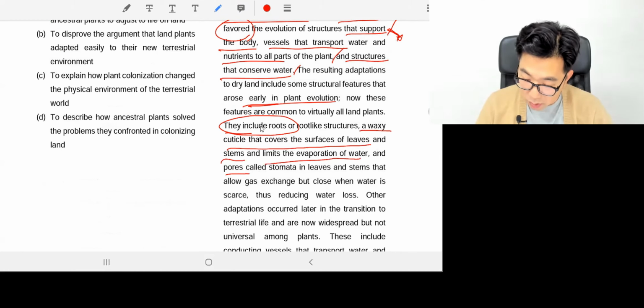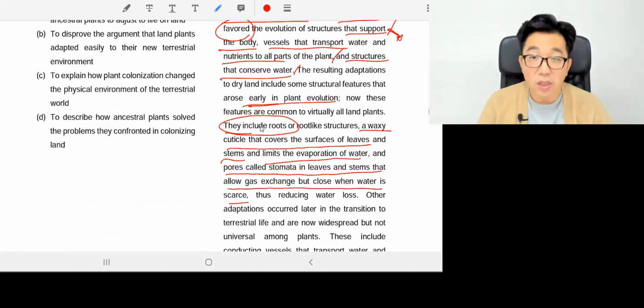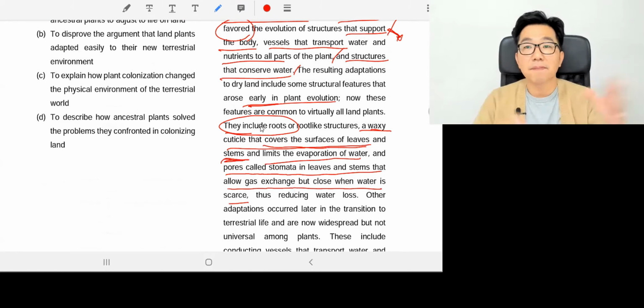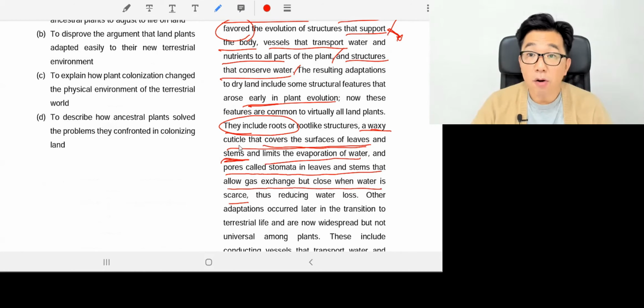And pores called stomata in leaves and stems that allow gas exchange but close when water is scarce to save water. And also vessels in the stems to move the water through the plant, thus reducing water loss.